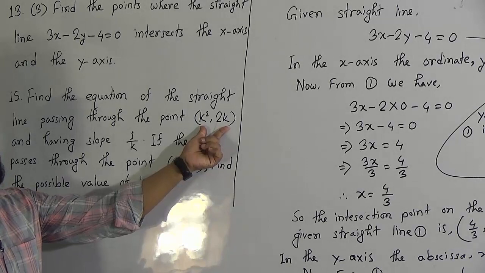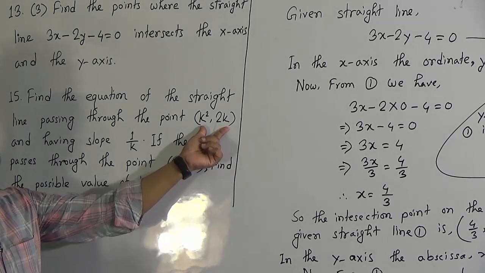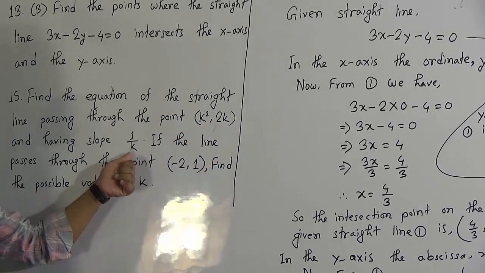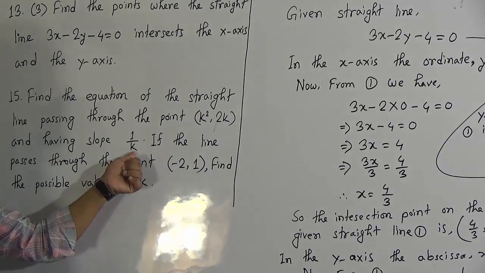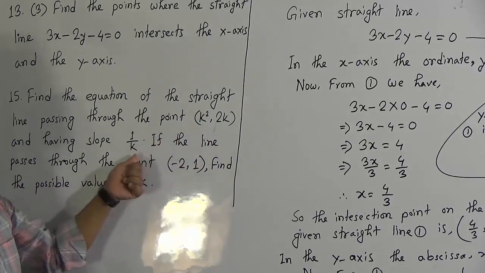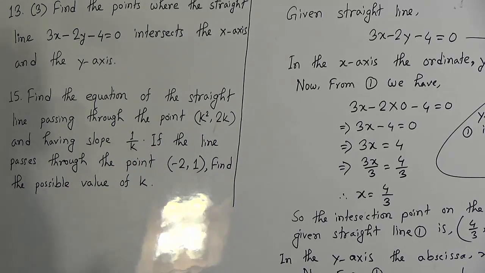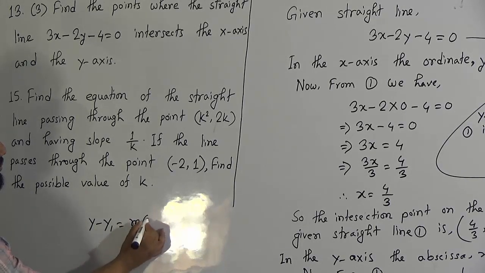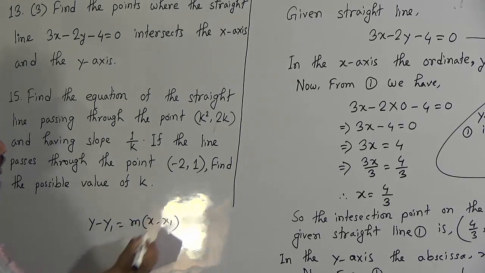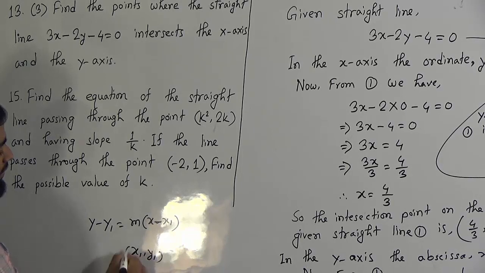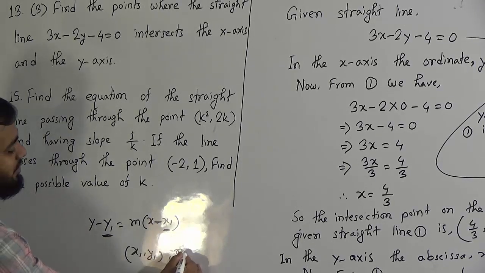First of all, we need to find a straight line equation which passes through the point (k squared, twice k), and the slope is 1 over k. So one point is given and the slope is given, so we can find the equation of the straight line. We know that the equation of a straight line is y minus y1 equal to m into x minus x1, where the given point is (x1, y1) and m is the slope here.